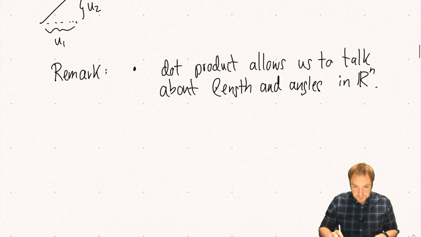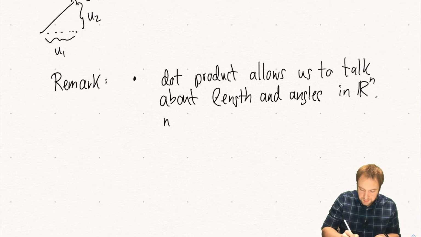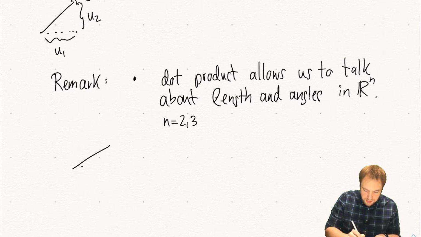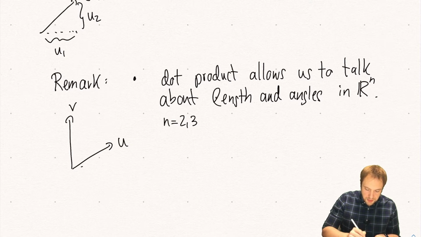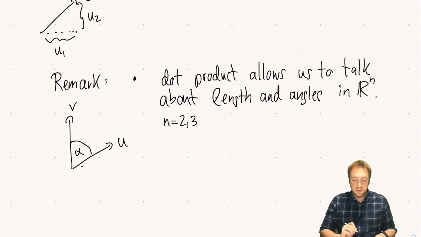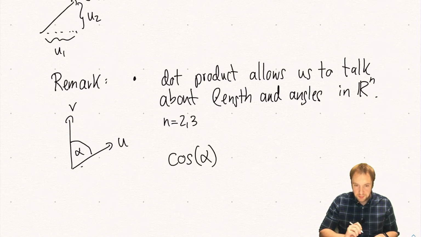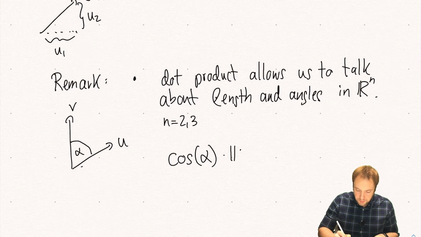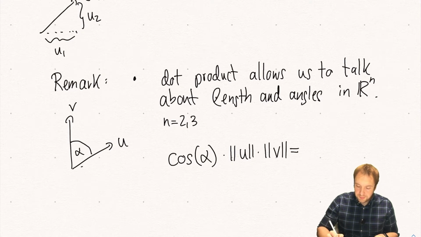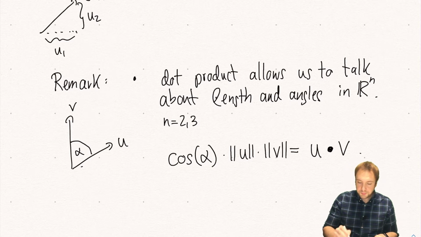So for example, if n is 2 or 3, then if I draw these vectors u and v, then I can make sense of this angle here, let's call it alpha, and then one can show that the cosine of this angle, if I multiply it with the norm of u and the norm of v, then this is exactly given by the dot product of u and v.